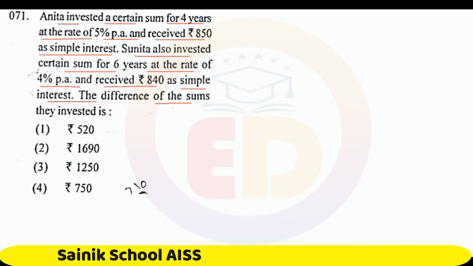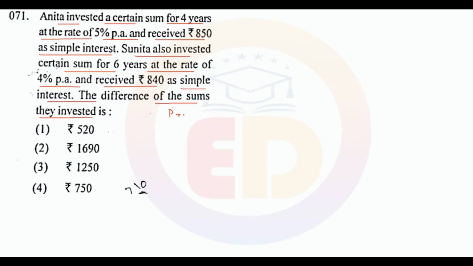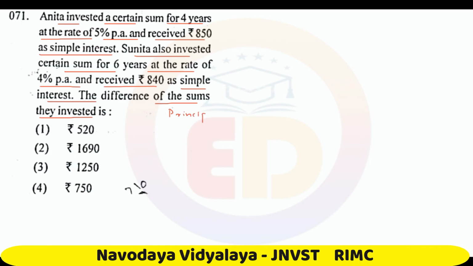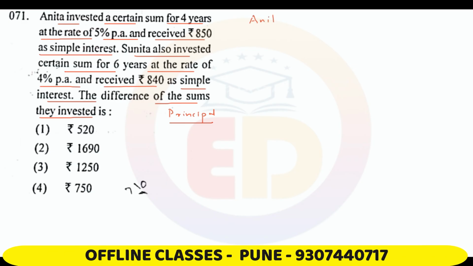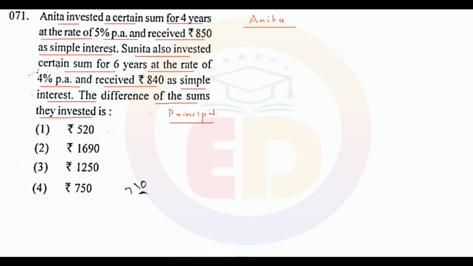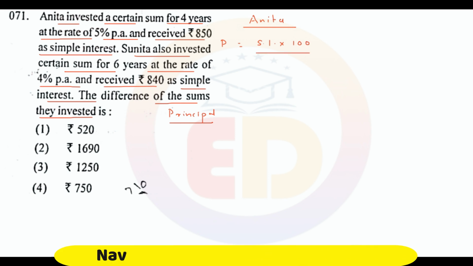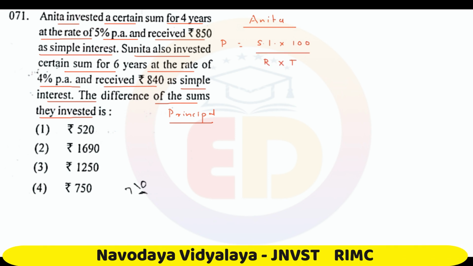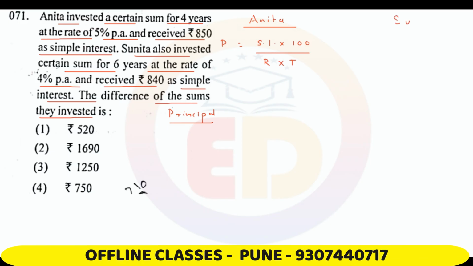The difference of the sums they invested is, sum means we have to find the principal in both the cases. So for Anita, let's find out the principal. Formula of principal is SI into 100 upon rate into time.